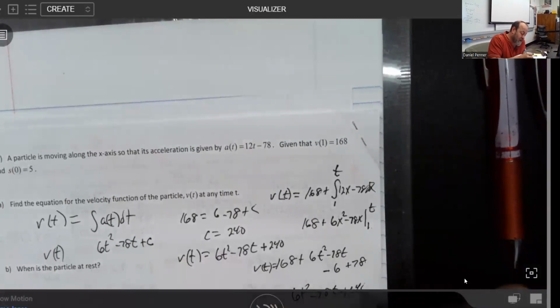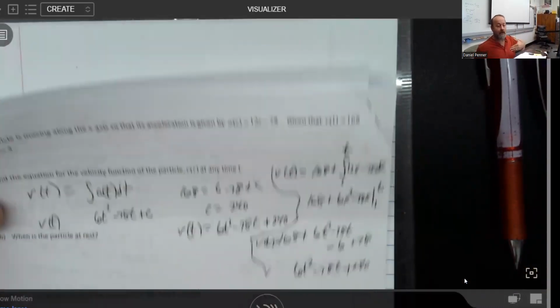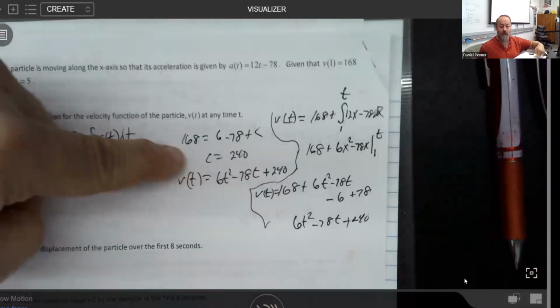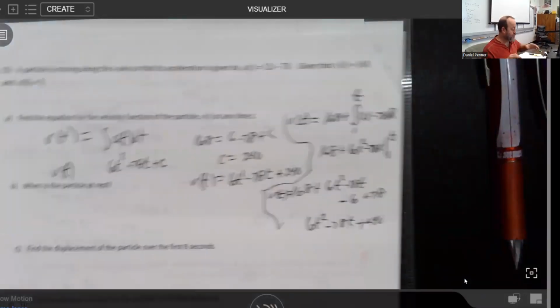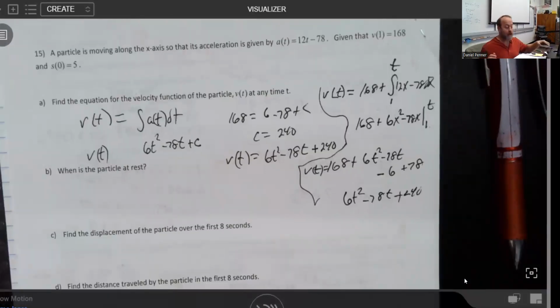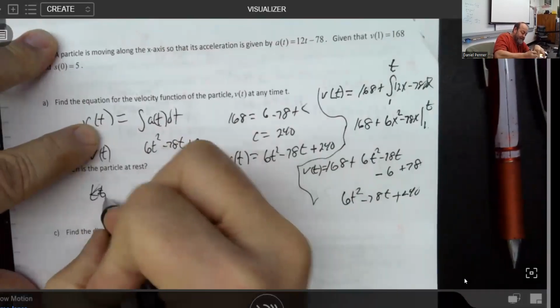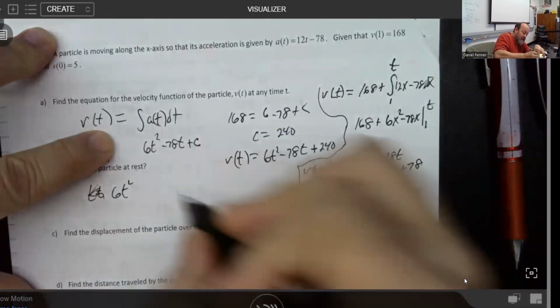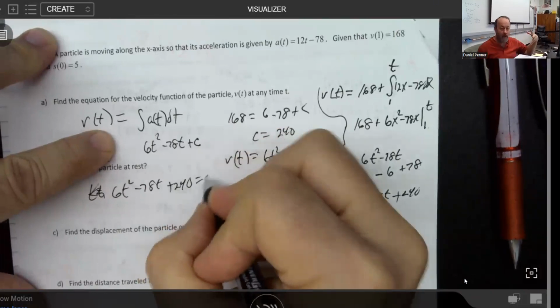So these are two different ways to view that problem. I personally kind of like the first one, but there's a good reason to think about it the other way, because sometimes it helps. Now, the next part asks when the particle is going to be at rest. That will be when 6t squared minus 78t plus 240, in other words the velocity, is 0.